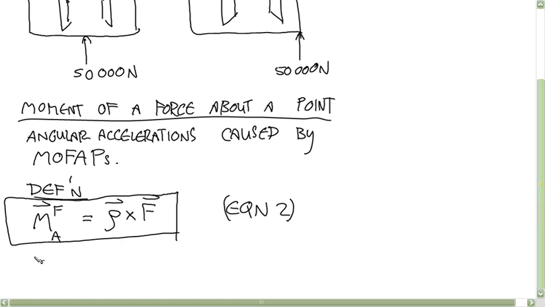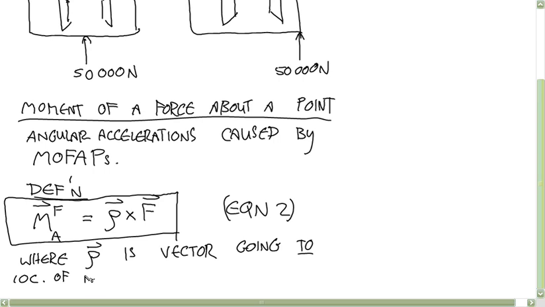Where this vector rho is the vector going to the location of force application, where that force is applied, from the about point.